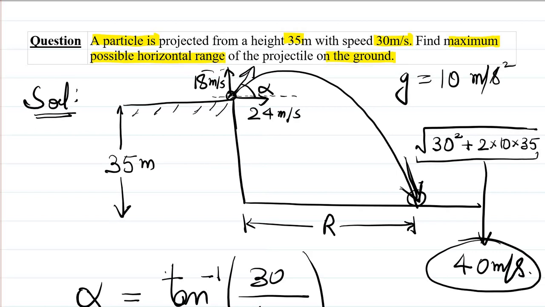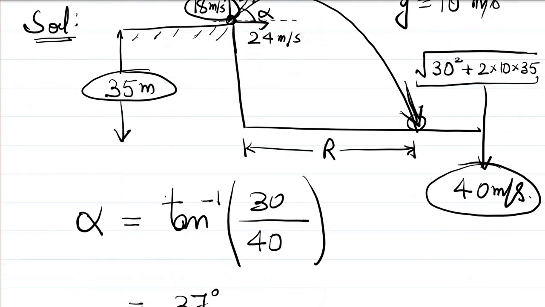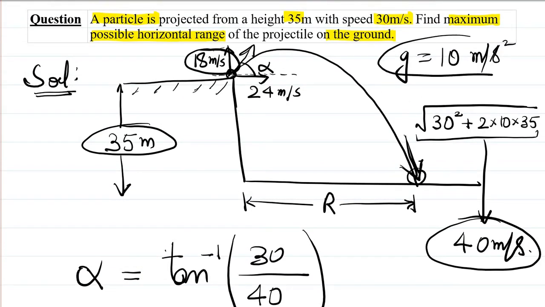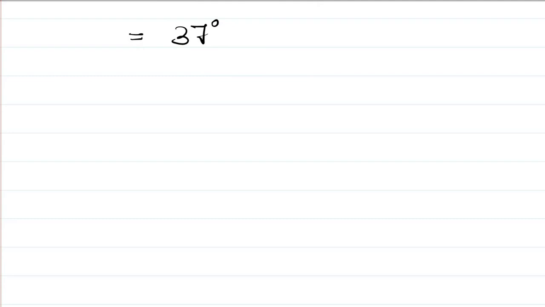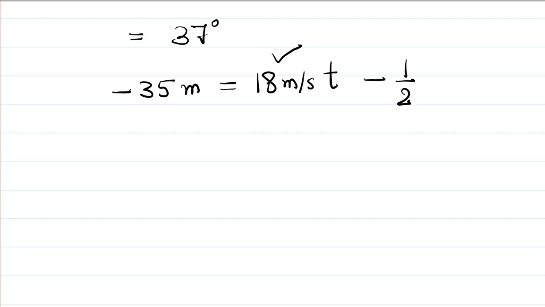So using this 18 meter per second vertical component of velocity, using this minus 35 meter of vertical displacement, and the acceleration equal to minus 10 meter per second square, we can obtain the time of flight by using the very basic formula of s equals ut plus half at square, according to which this is the displacement and it must be equated with 18 times t. 18 meter per second is representing the vertical component of velocity, which we are assuming positive because this velocity is upwards. I have assumed vertically upwards to be positive, and hence I am assuming vertical component of acceleration as negative value 10 meter per second square.